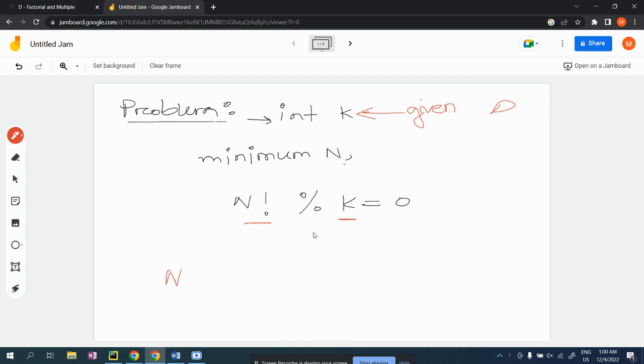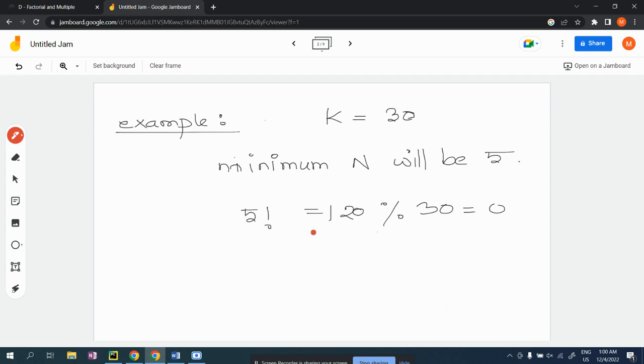So we can write: n factorial should be a multiple of k, right? Let's take an example. In this example, you are given k as 30.